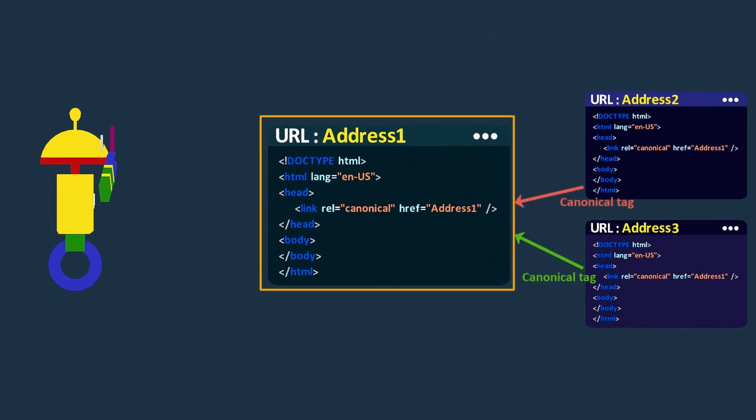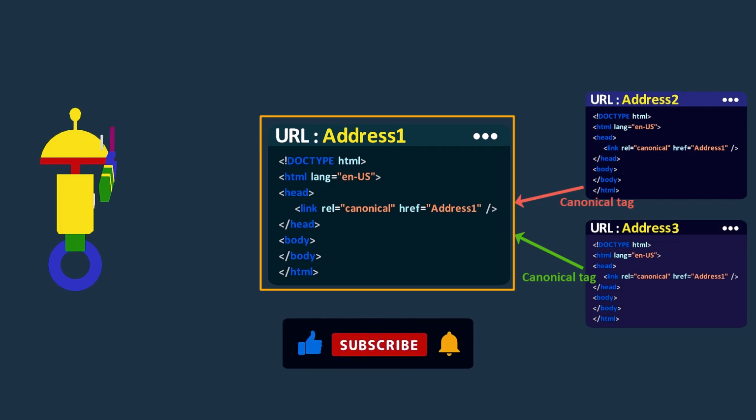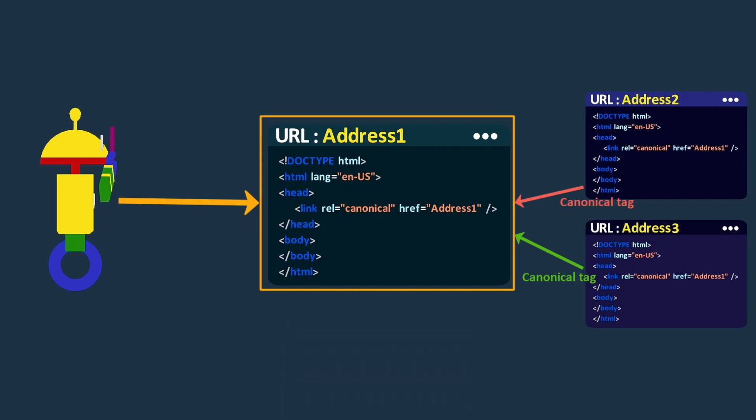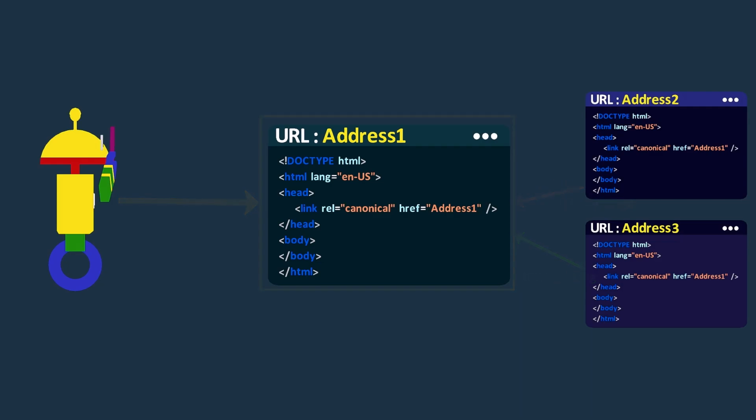The basic idea is to choose one canonical version of your content when you have multiple versions, and direct search engines to that version. By adding the canonical element to a URL, you inform search engines that it is the preferred version to display in search results. In other words, a canonical URL is a technical solution for managing duplicate content, because duplicate content can negatively impact SEO.